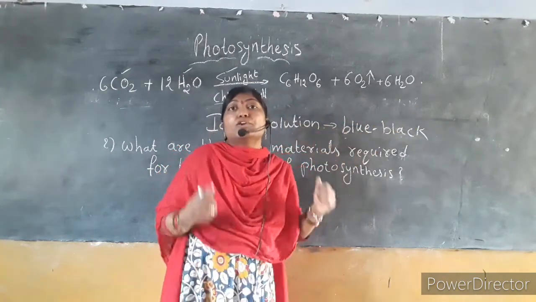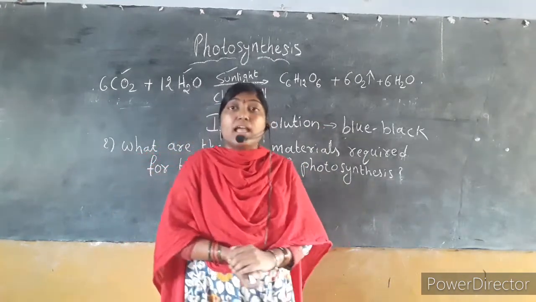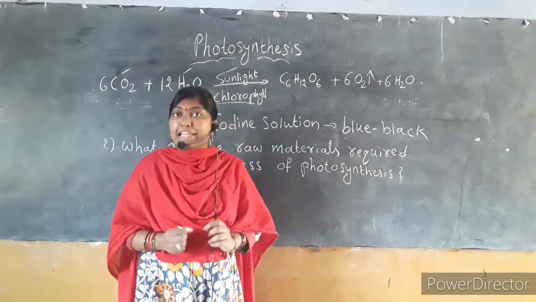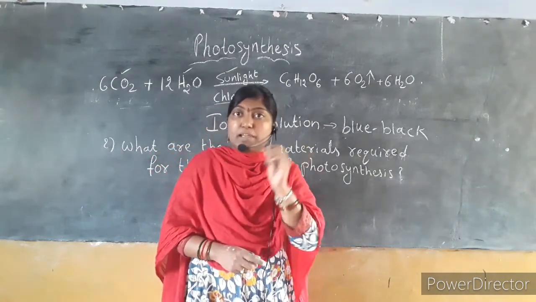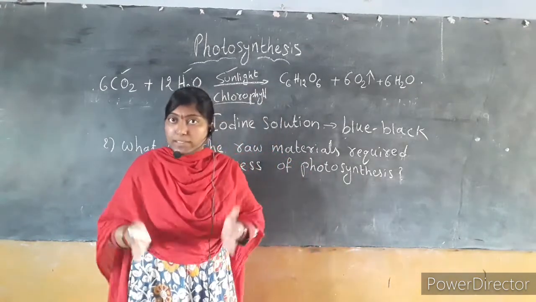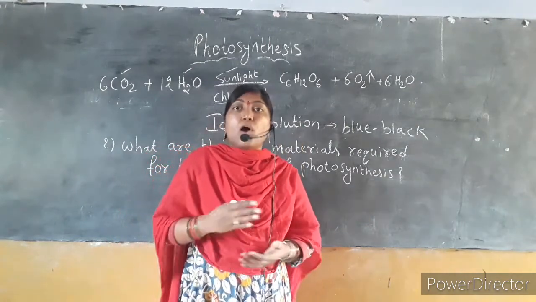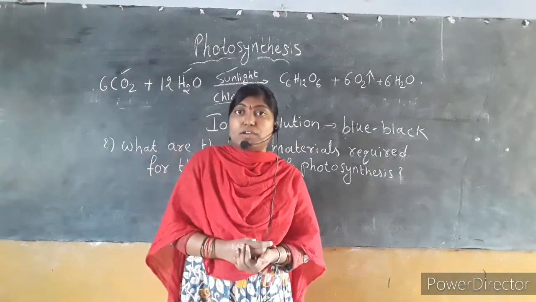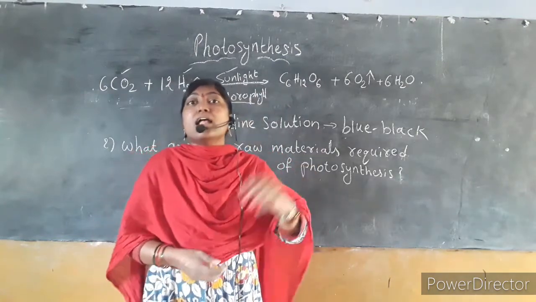This is your balanced equation for the process of photosynthesis. And as you know, who gave the equation? He is C.B. Van Niel in the year 1931, and Robert Hill said that the oxygen is released from water. These are all topics we discussed in the last class.